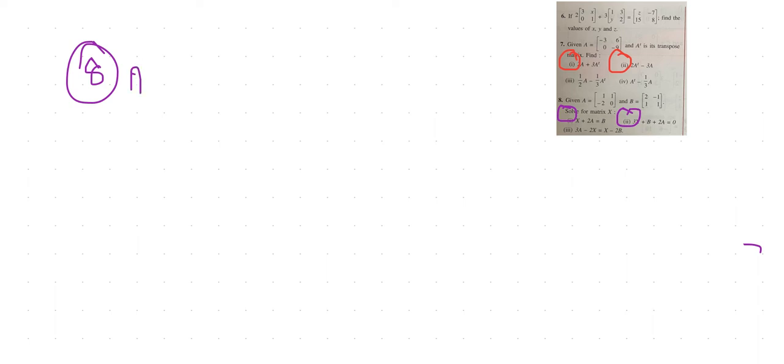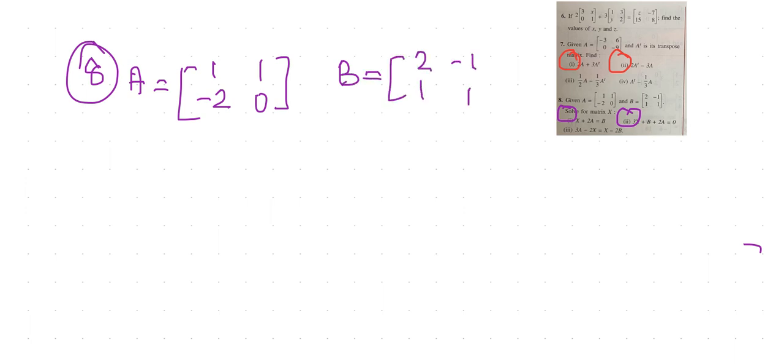Okay, so I will be writing down A is equal to 1, minus 2, 1, 0 and B has been given as how much? 2, 1, minus 1, 1. Okay, so the equation is 3A minus 2X is equal to X minus 2B.